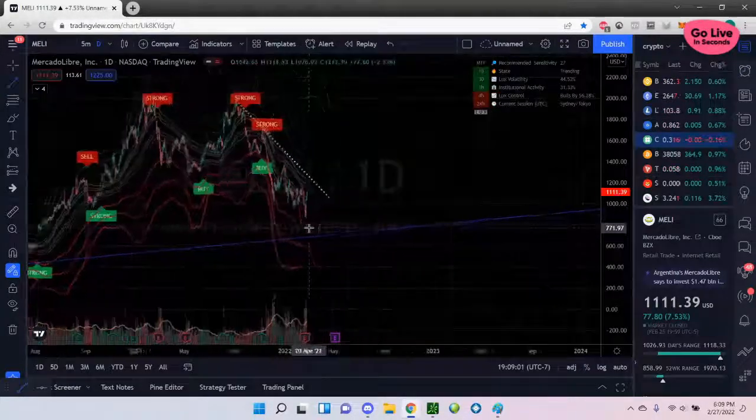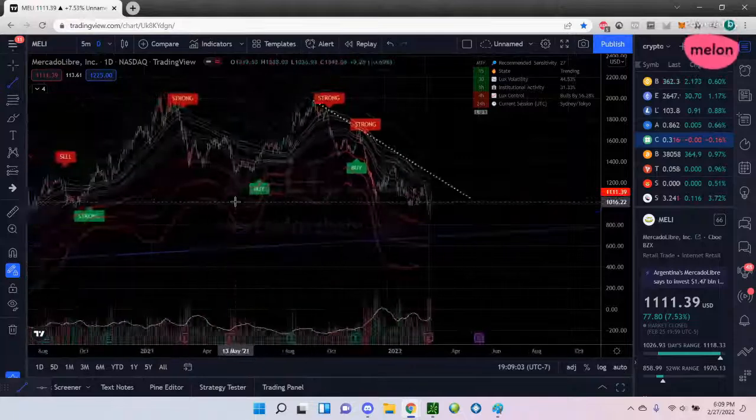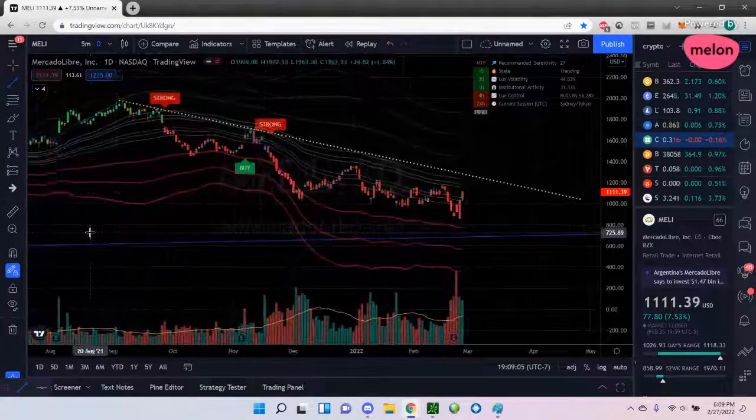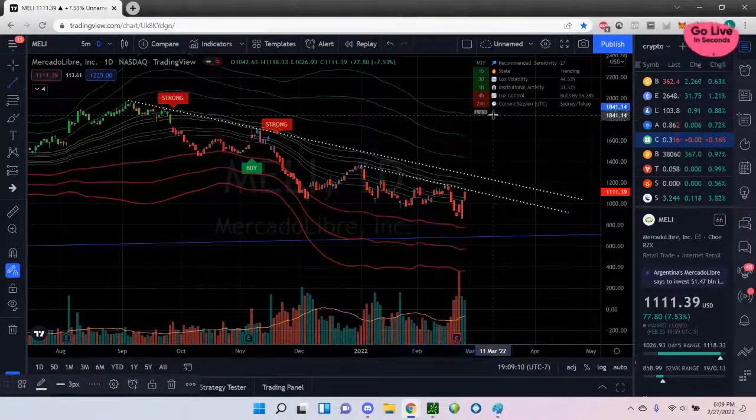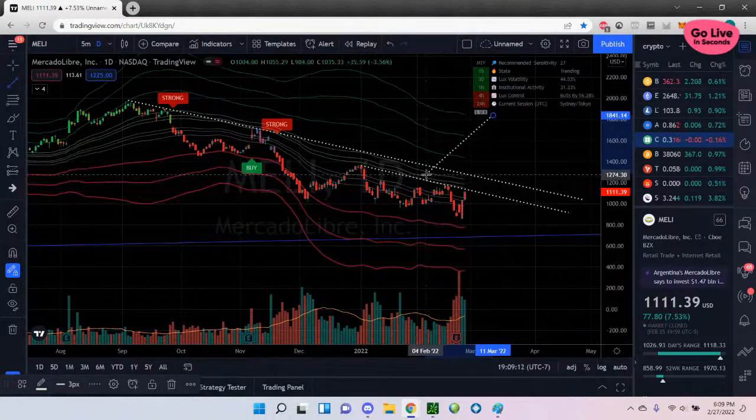This blue trend line going. We have this going on here too.